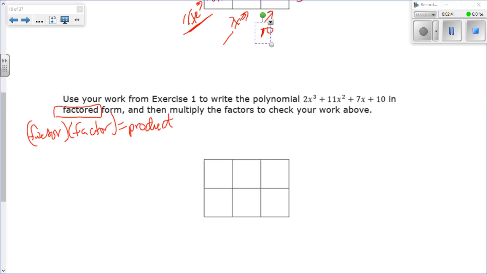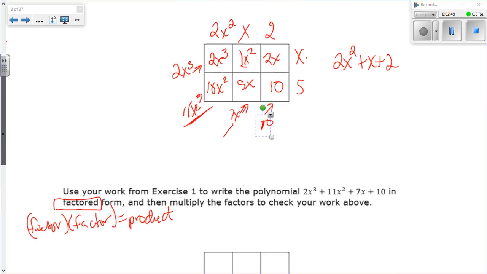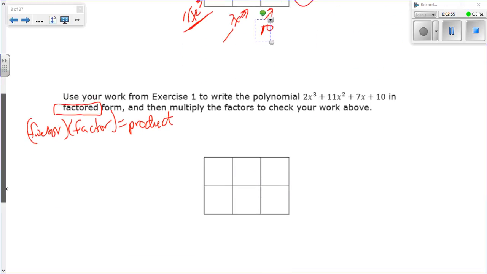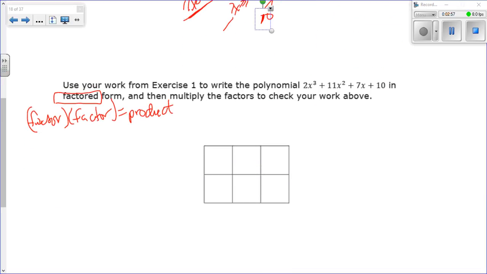So the two things we multiply together are our factors. So if we are going to check the work, the two things that we need to multiply together are our answer and the x plus 5. So our answer is 2x squared plus x plus 2, and then x plus 5.